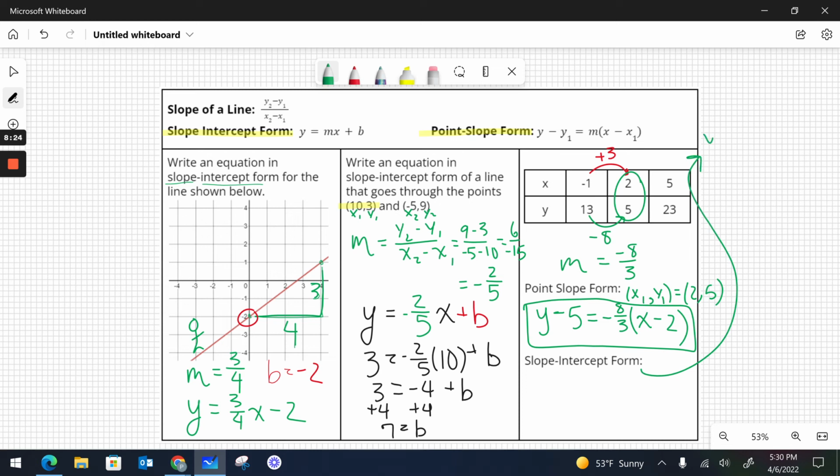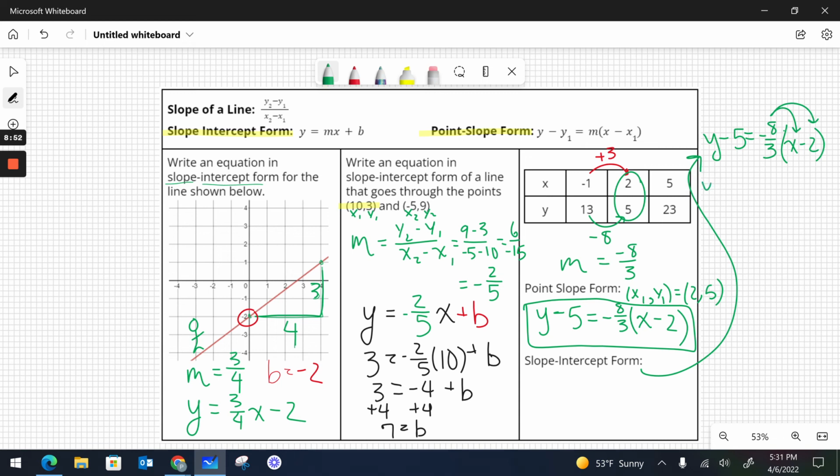So our point-slope form equation was y minus 5 equals negative 8 thirds times x minus 2. So the first thing that I'll do is distribute this negative 8 thirds using the distributive property to each of those things in the parentheses.